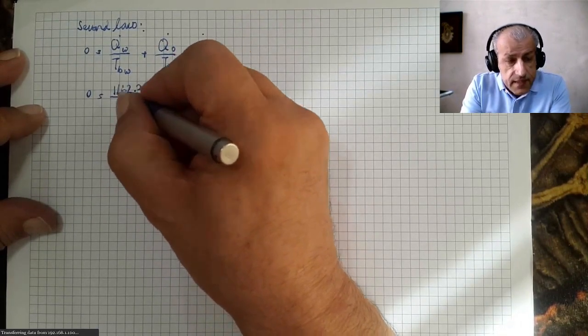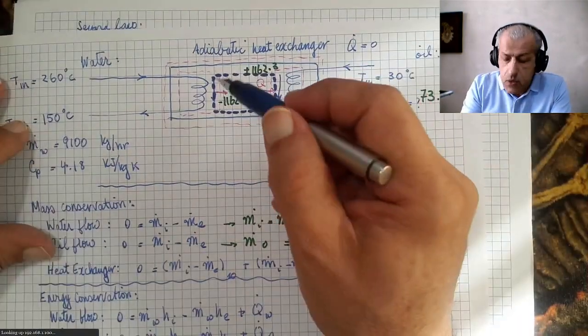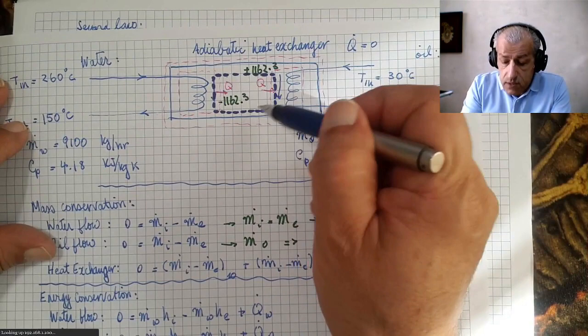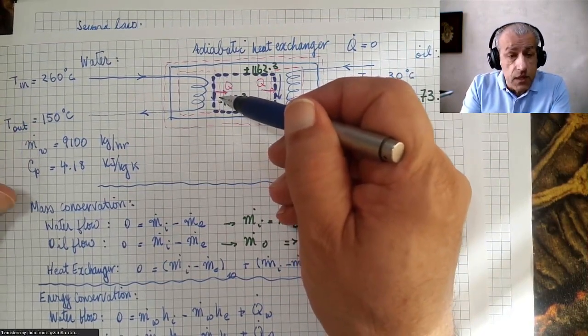0 would be 1162.3, and this is positive because although water is losing heat, this system is gaining heat through the water side.